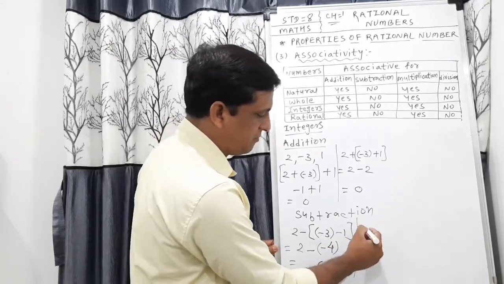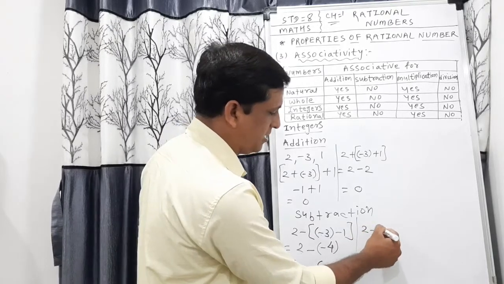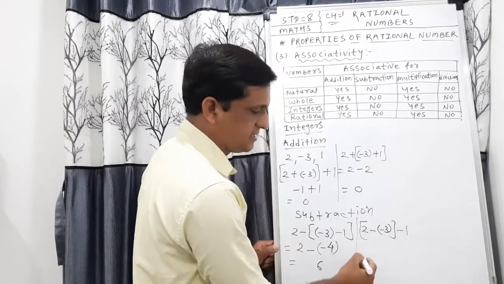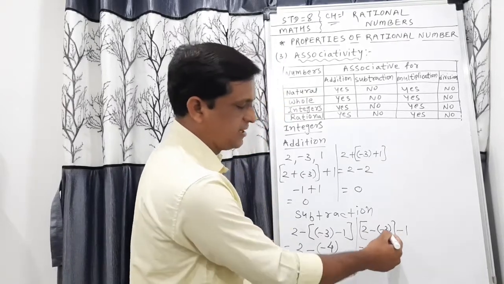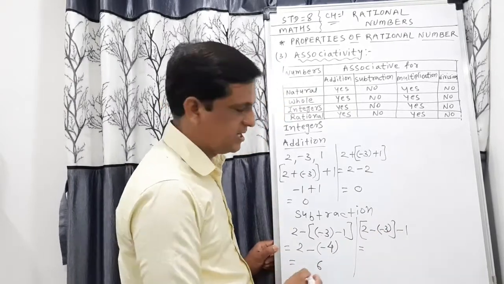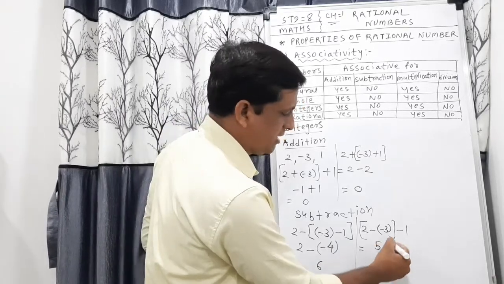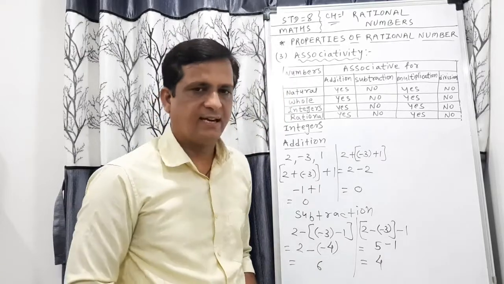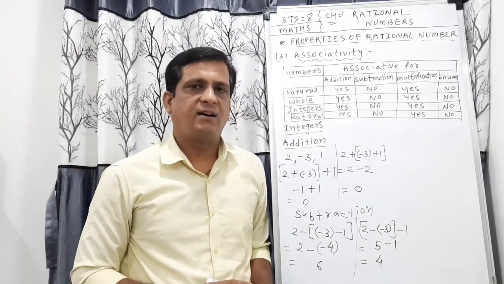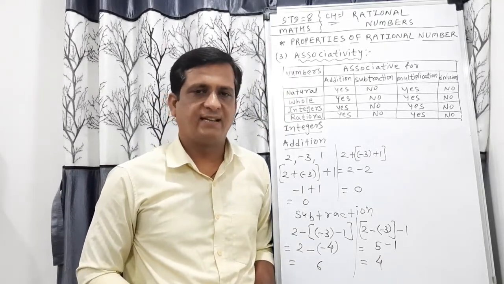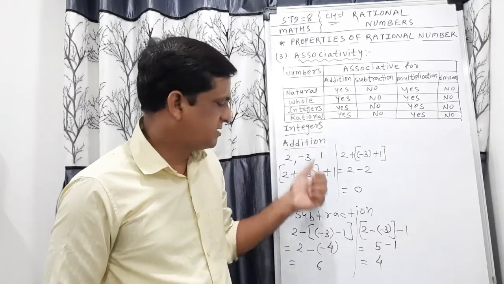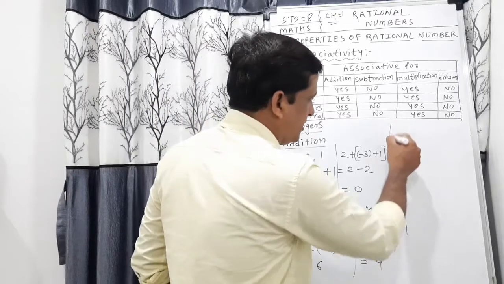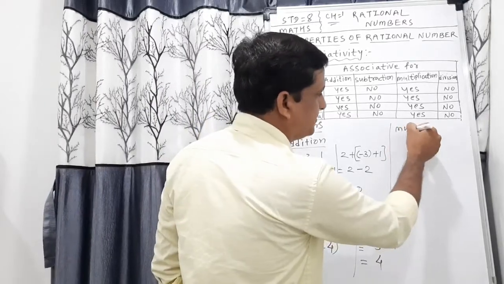Now I am making a group of 2 and minus 3, and 1 remains as it is. So the simplification of 2 minus minus 3 is equal to 5, and minus 1, the answer is 4. Here you can see that both results are not equal. So we can say that integers are not associative for subtraction. Now we are discussing multiplication.